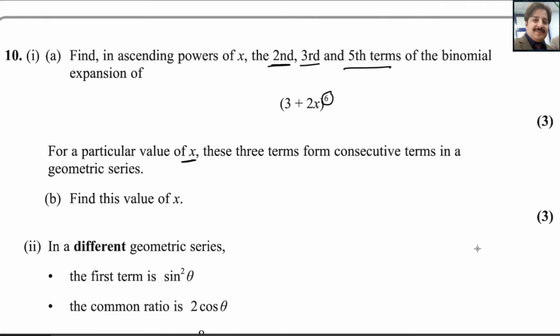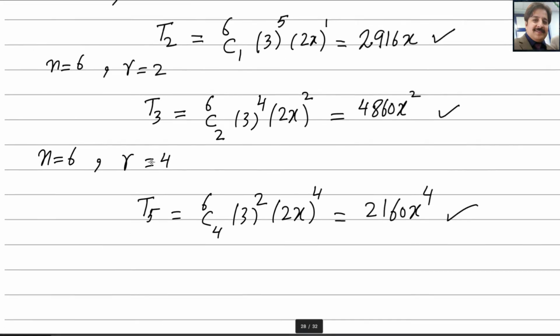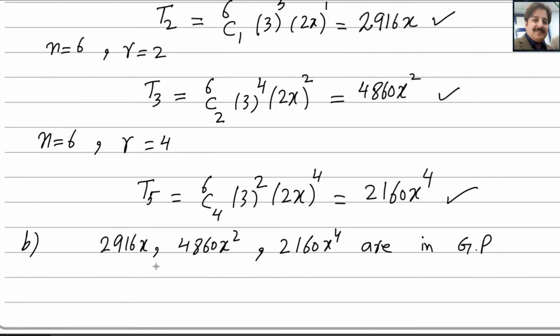Second thing: find in ascending powers. We already have that. Now we need to find the value of x because these three terms are in GP. 2916x, 4860x² and 2160x⁴ are in geometric progression. Therefore their ratios will be equal.